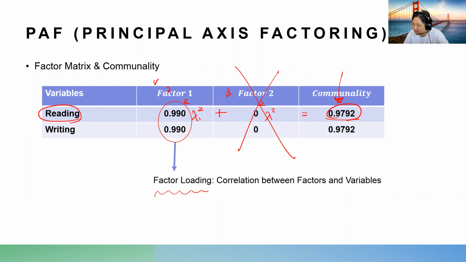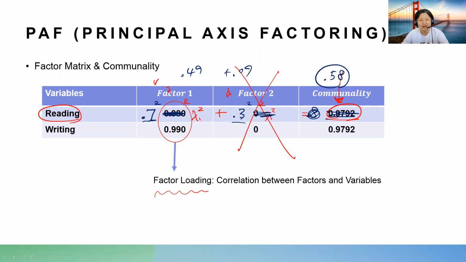Okay, what about this case? Let's say this is 0.7 and this is 0.3. I just made it up. And then our communality is, what is it, 0.49 plus 0.09, I just squared it, right? So that is 0.58.